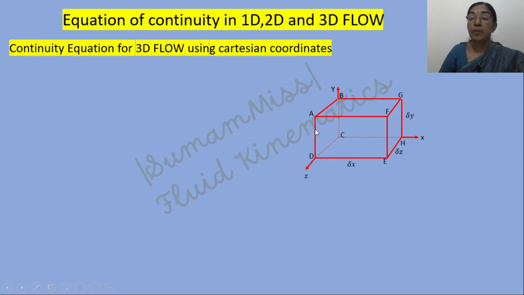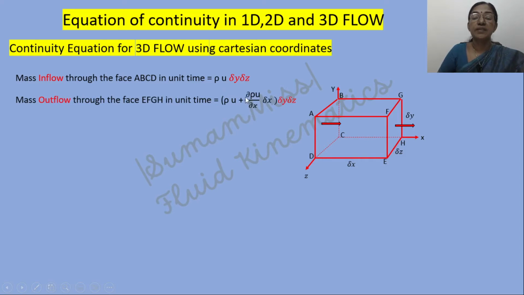Mass inflow per unit time in the x direction through the face ABCD is equal to rho u into delta y into delta z. Delta y into delta z indicates the area of this face ABCD. Since density and velocity vary in the x direction, the mass outflow in the x direction per unit time through the face EFGH is equal to rho u plus dou by dou x of rho u into delta x, into delta y into delta z.